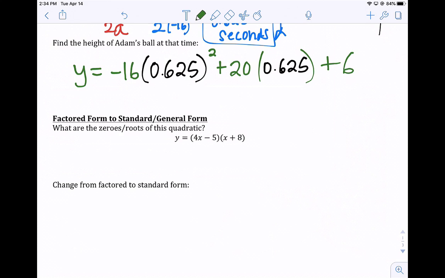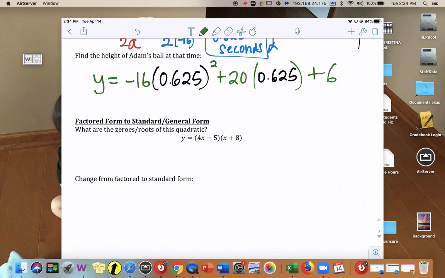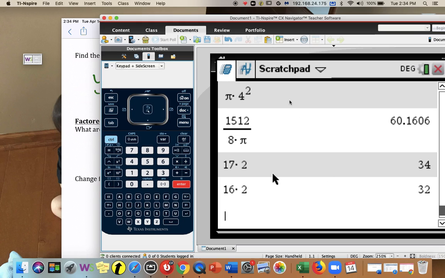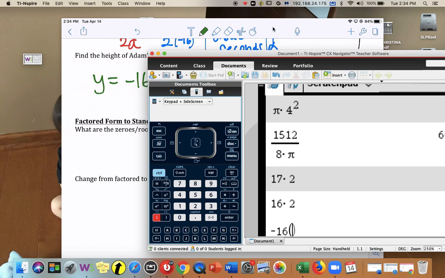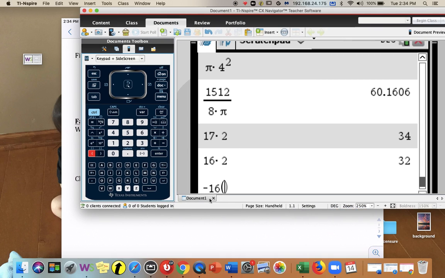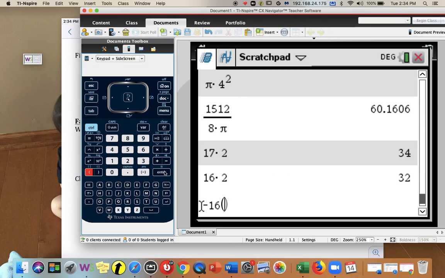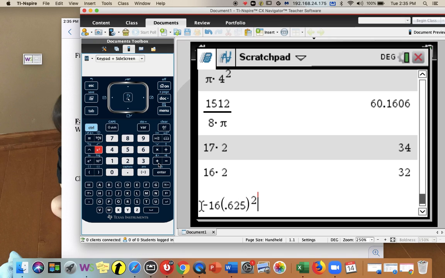Since everything on the right-hand side of the equation are numbers, I call this plug and chug. We can just type that directly into our calculator. So I have negative 16, parentheses, 0.625, squared, plus 20, and then again plug in the 0.625, and then plus 6.